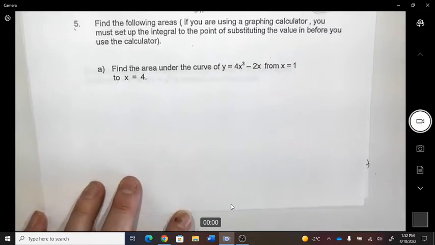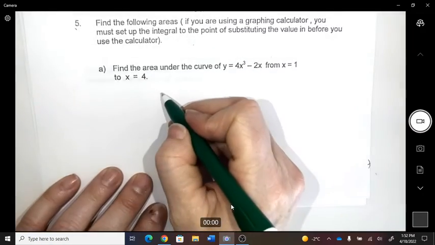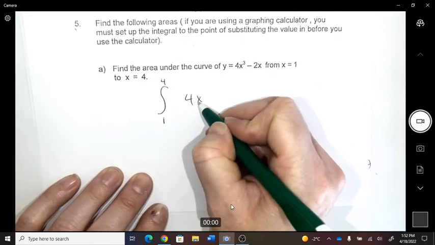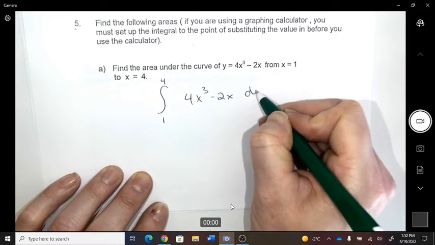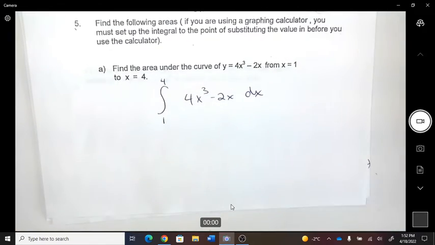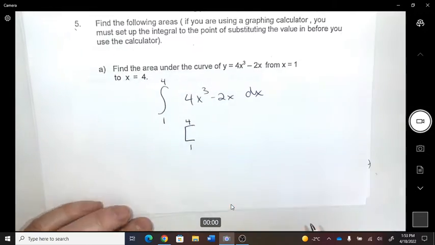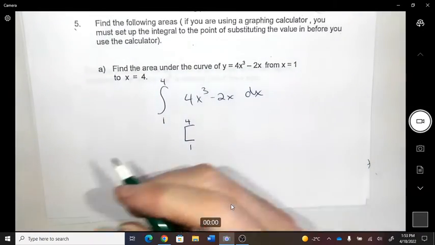Okay, finding an area under a curve. So this is you making sure you set it up properly. So this is how it should look. This means finding the area. Doing the integral from 1 to 4 is finding the area. Now I'm going to use this symbol to represent me actually doing an antiderivative.